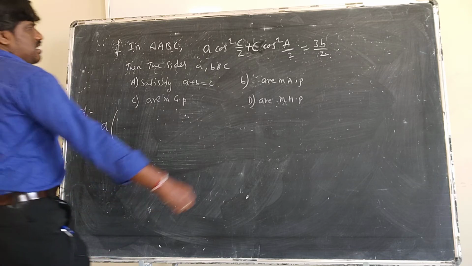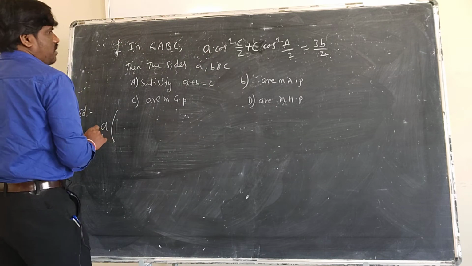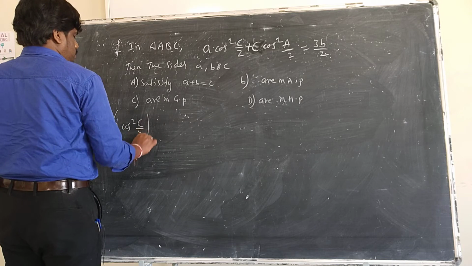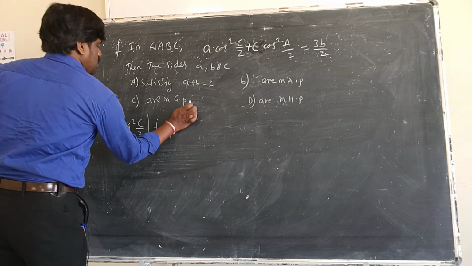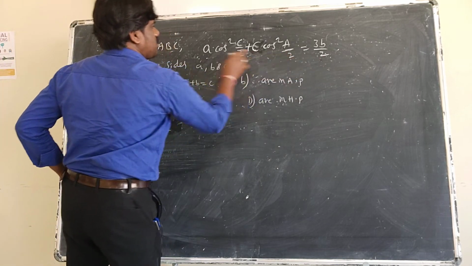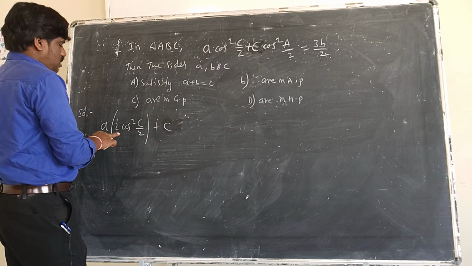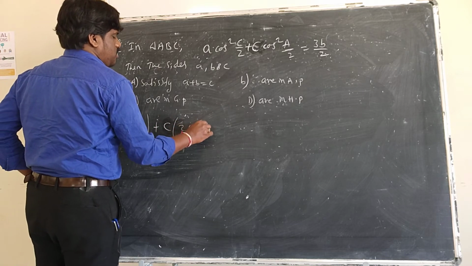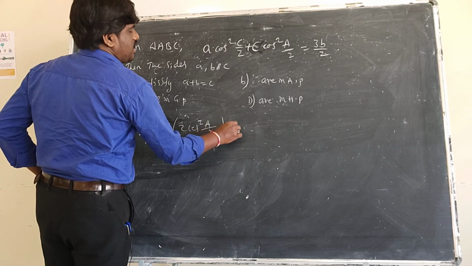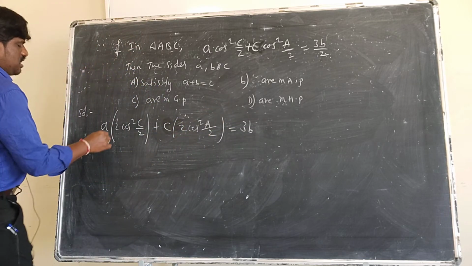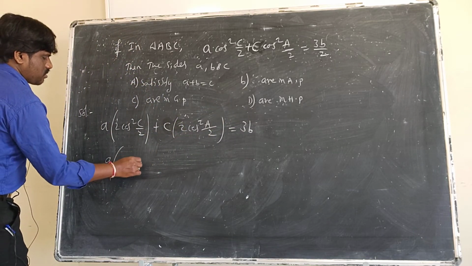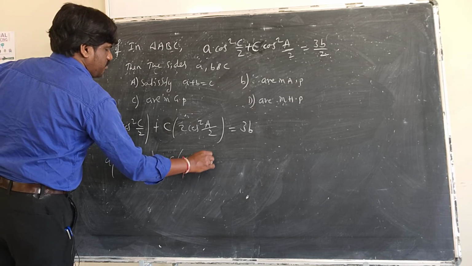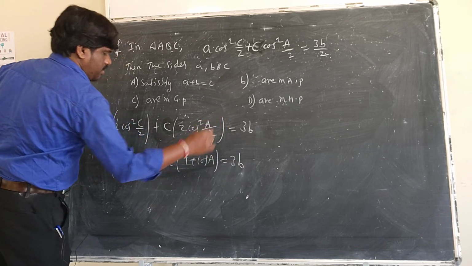So what I do here, I send 2 this side, cross multiplication. So 2 into A into 2 cos square C by 2, plus C into 2 cos square A by 2, and that is equal to 3B. Just now I gave the formula: this is 1 plus cos C and this is 1 plus cos A. We discussed this in the previous problems also.